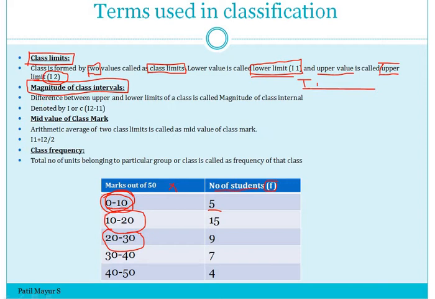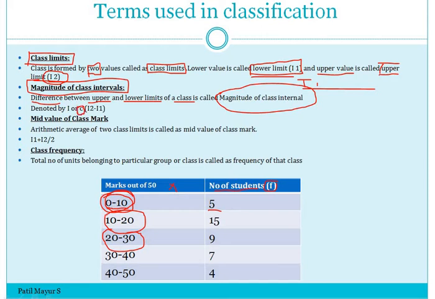It is the difference between the upper and lower limit of the class. The difference between the upper and lower limit of the class is called the magnitude of the class interval, which is denoted by i or c.